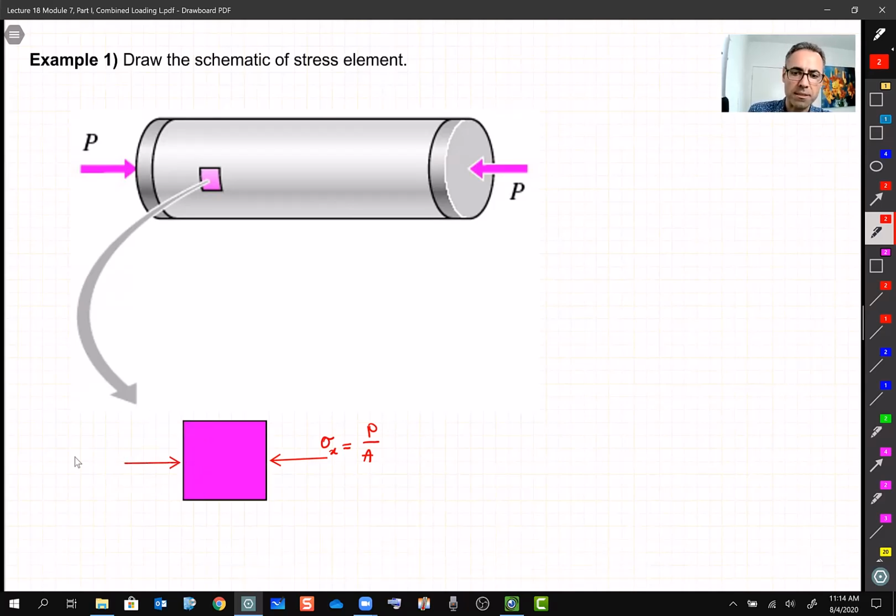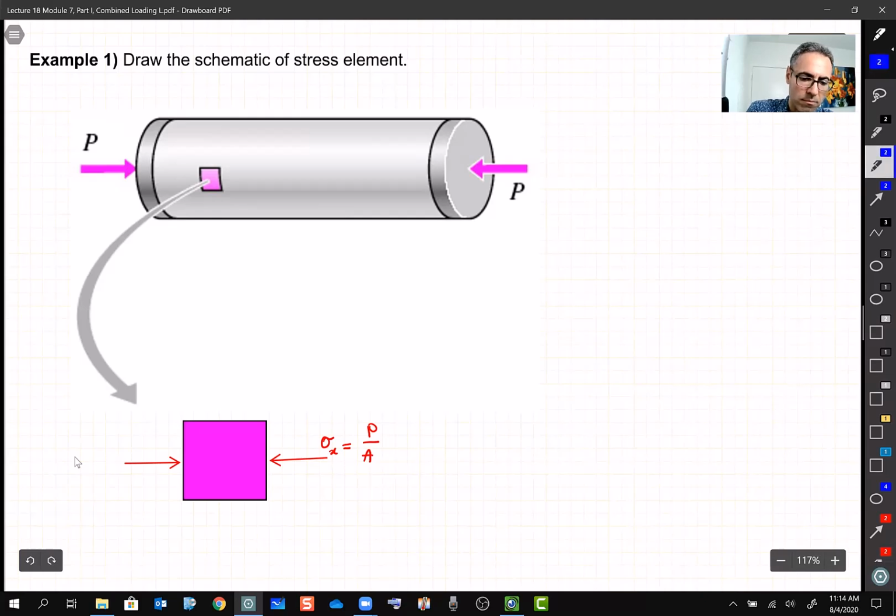This is my stress. Sigma y is equal to 0, and there is no shear. Tau xy is equal to 0. This is all I need. And I know how to calculate sigma x, P over A. That's the stress element, all we need to do for this one.